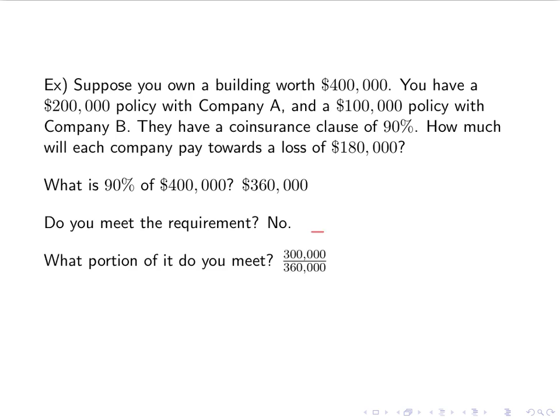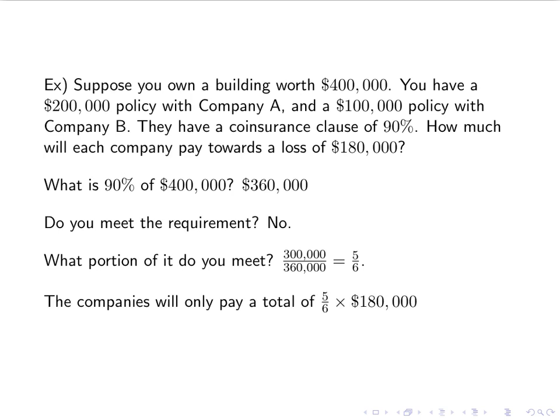So again, our total policy, 300, divided by what we should be paying as of the coinsurance clause requirement. Simplify it, we get 5/6. Again, do not round. It is a repeating decimal, so make sure you keep everything. So the company is only going to pay 5/6 of the loss, which is $150,000.